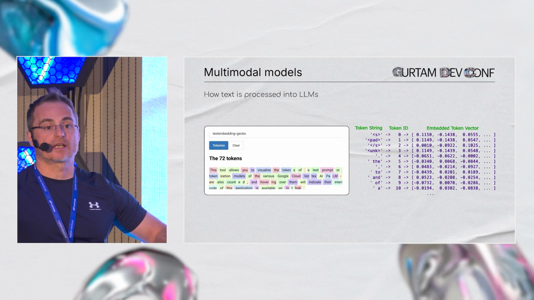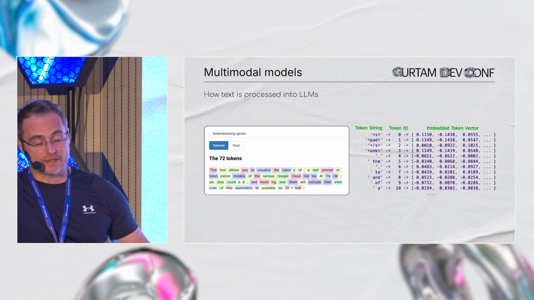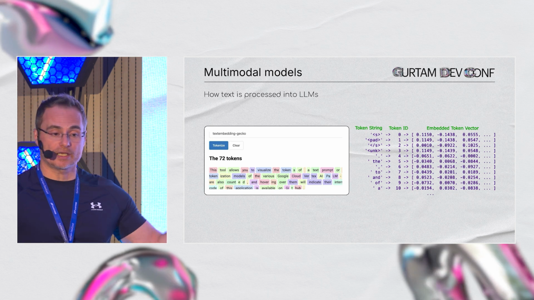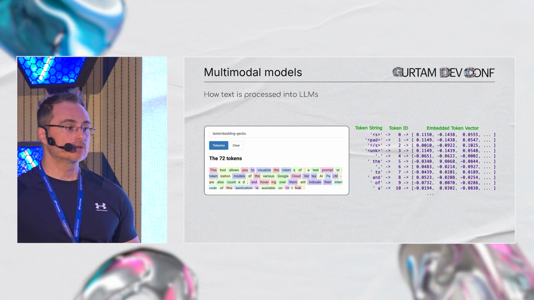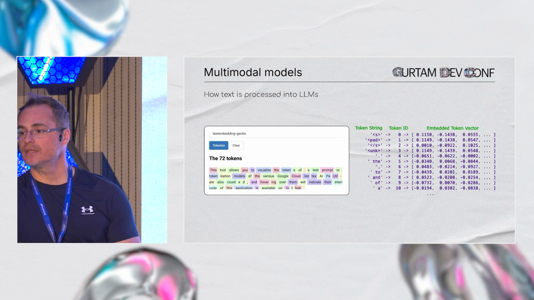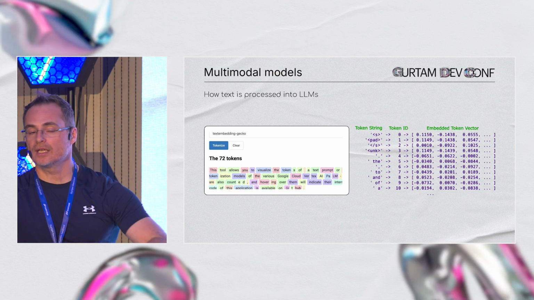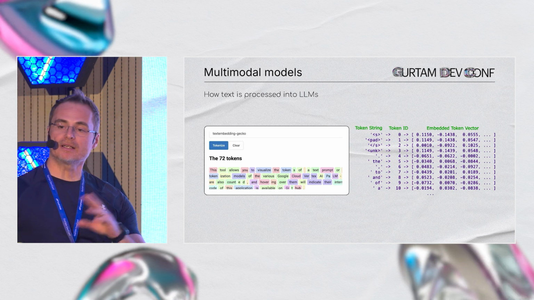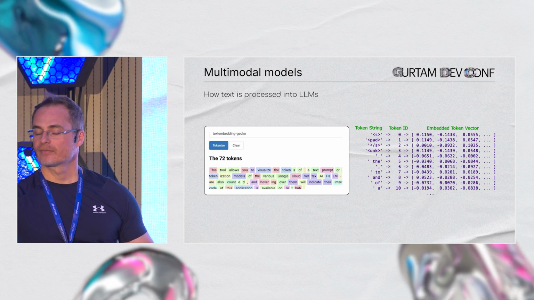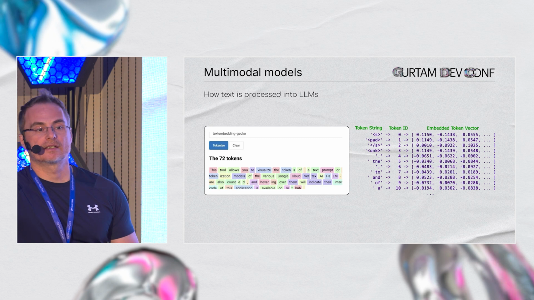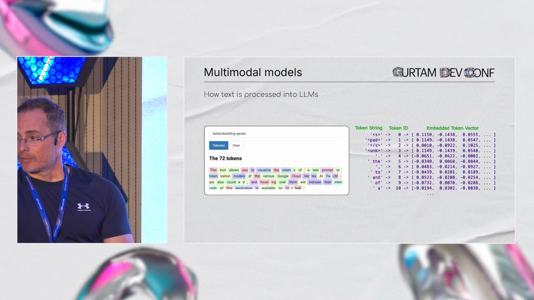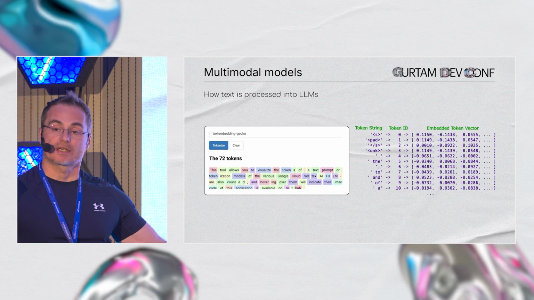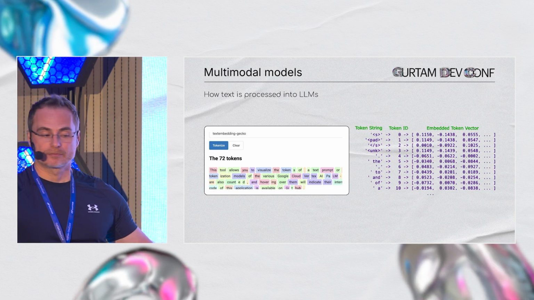Large language models are matrices, more or less, and the input can be just numbers. So when you ask ChatGPT, Mistral, or Llama 3, hey, please summarize this text, all the text must be converted into numbers that the models can understand.